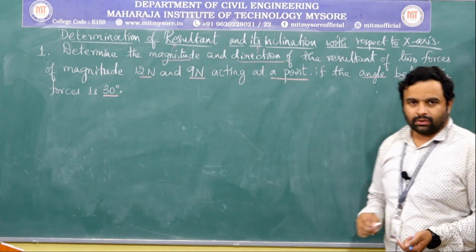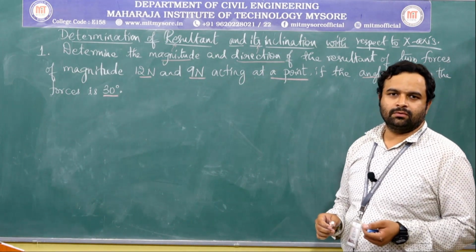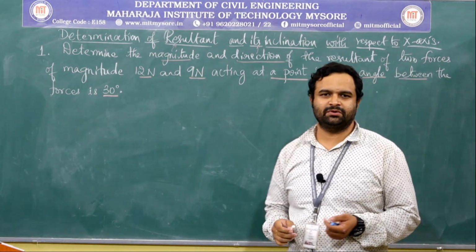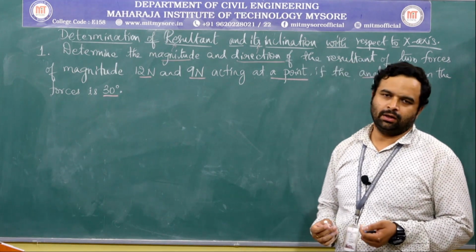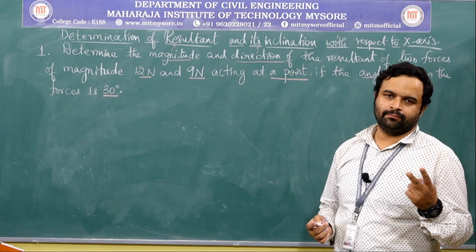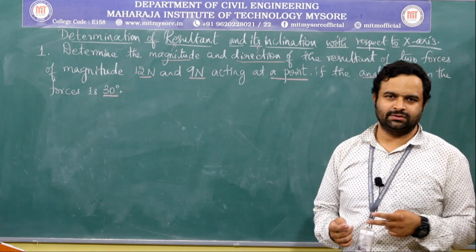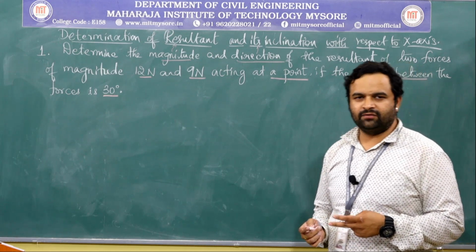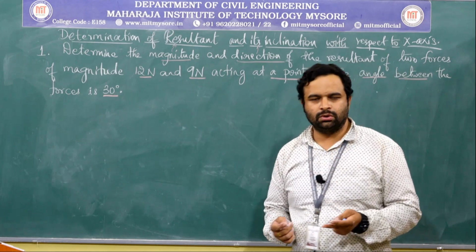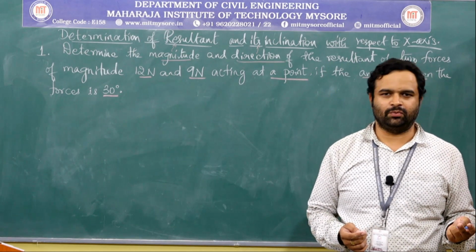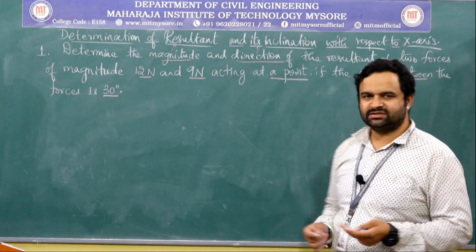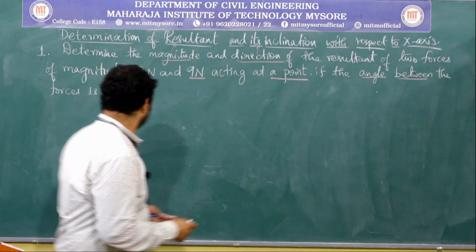So, I had written some formulas with respect to the resultant and its inclination. If you have two force system, we have to apply the parallelogram law of forces. Okay? And if you have forces more than 2, then we can apply the other formula. Now, let us see how this problem goes.